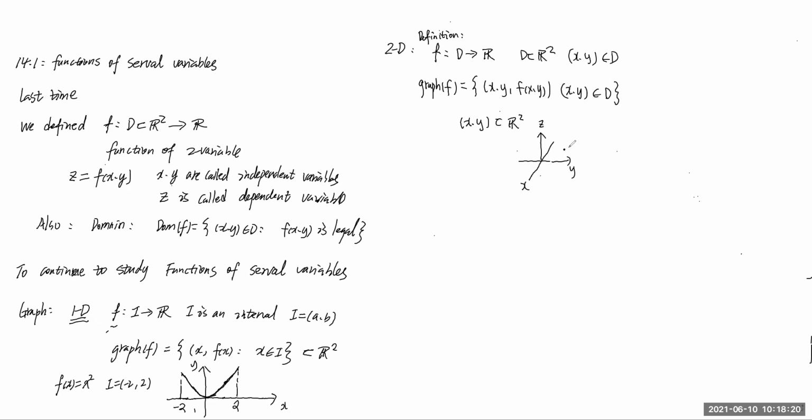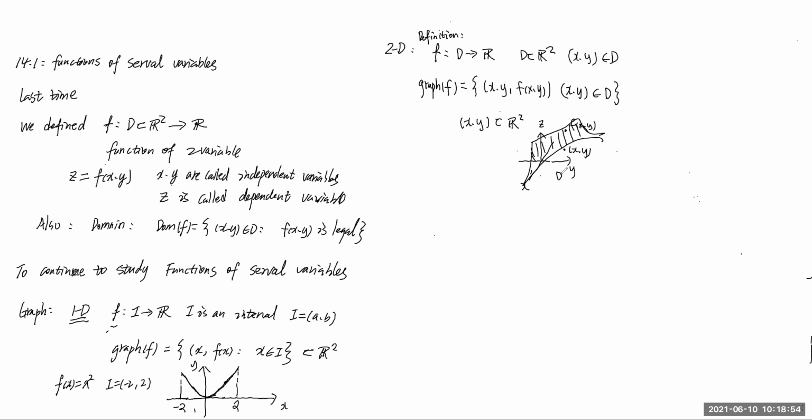You pick any (x, y) here, you get a value f(x, y). When (x, y) changes in D, you get a lot of values f(x, y), and then you draw a picture like this. You get a graph. Under this surface is the domain D. Anyway, this is so abstract for you. Let me show you examples. Let's study this by examples.